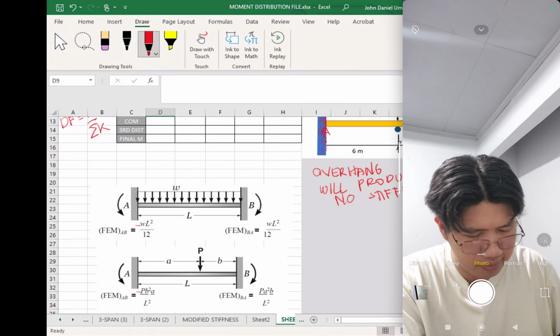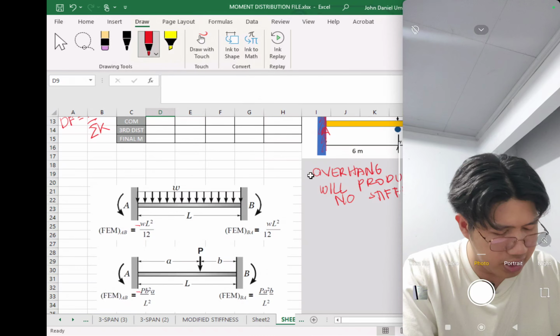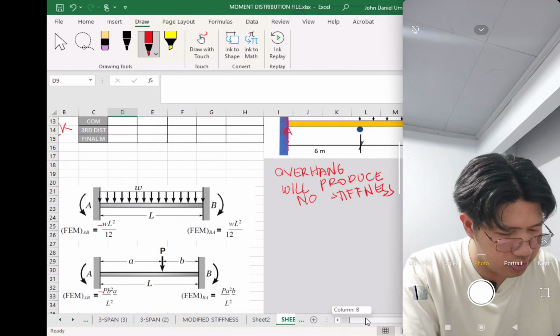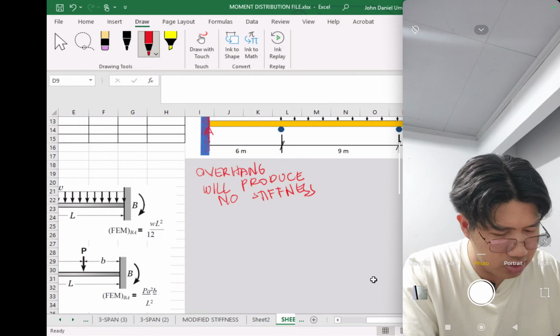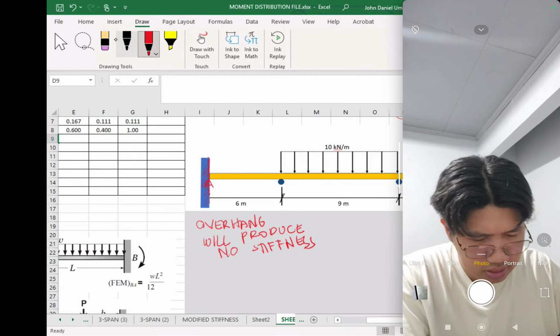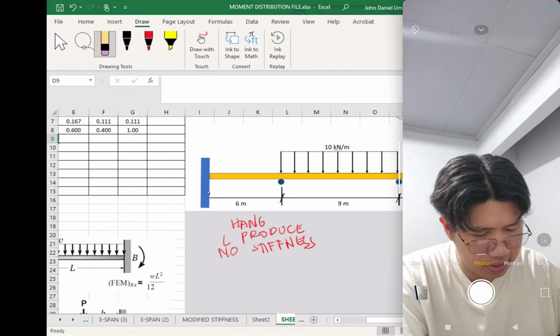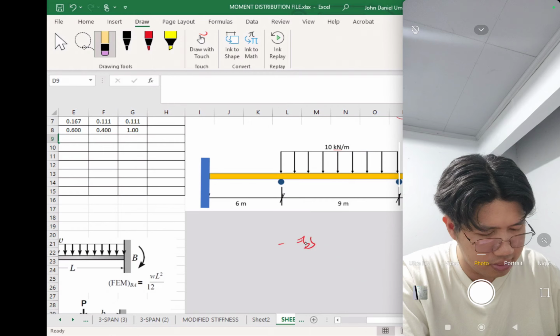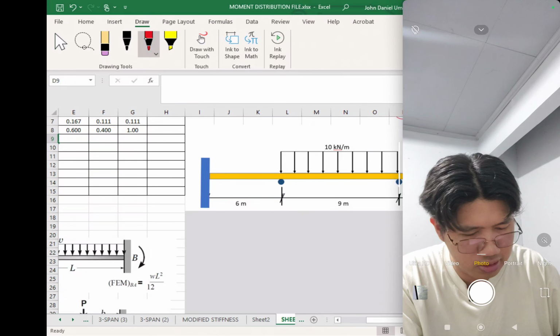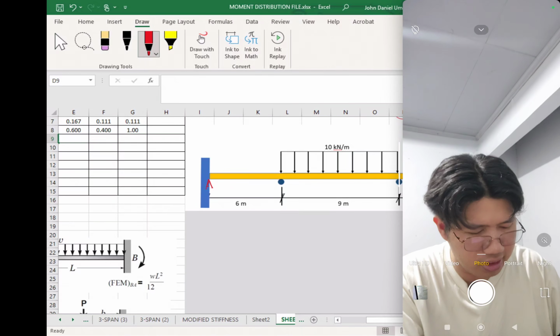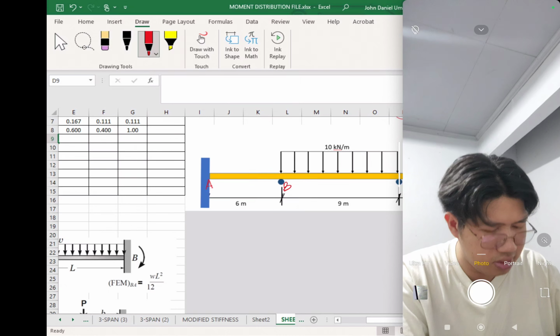Give it a negative sign to indicate a counterclockwise direction. Because in the computation, it needs signs so our math computation knows the direction.